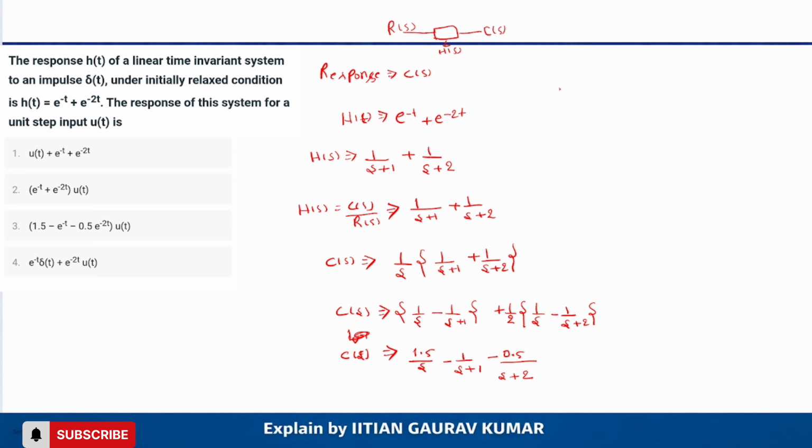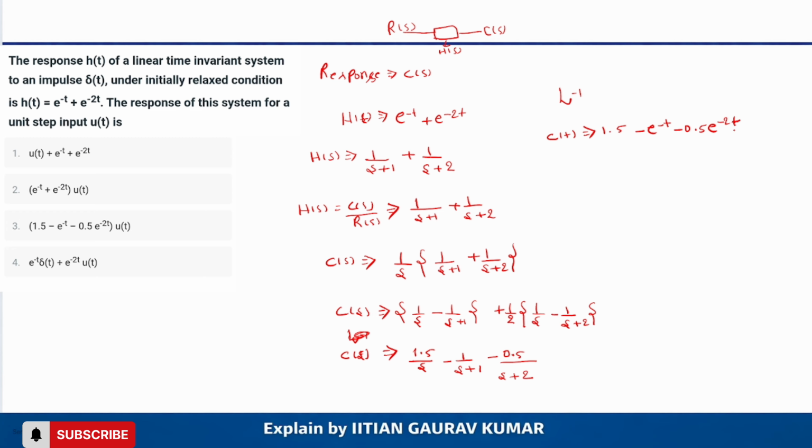So the Laplace inverse of this means C of t equals 1.5 minus e to the power minus t and minus 0.5 e to the power minus 2t.